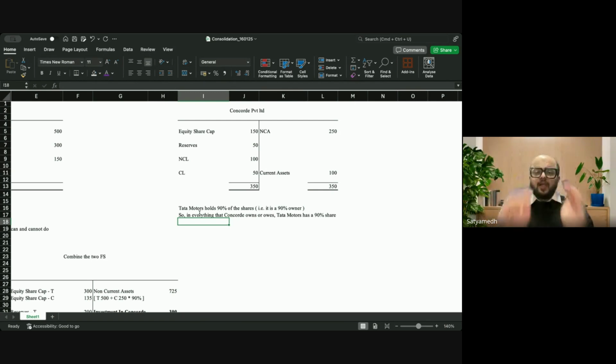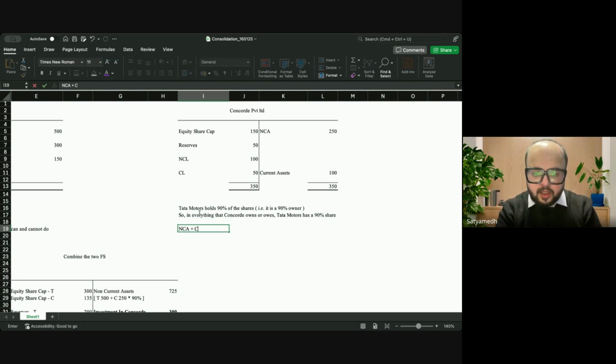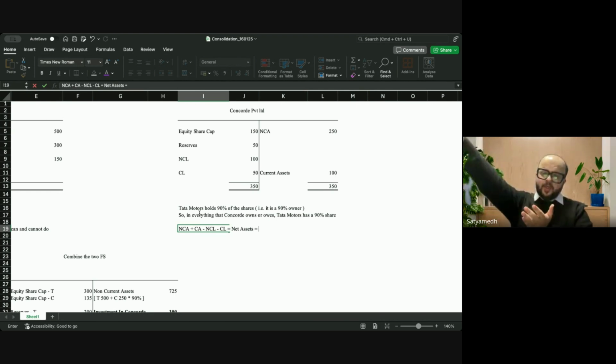So total assets, you see, what are the total assets? Total assets are non-current assets plus current assets. From that you remove the amount that is owed to outsiders, non-current liability and current liability. These are my net assets. Net assets means after Concord Limited has paid off all the liabilities to outsiders, what money is left with it?